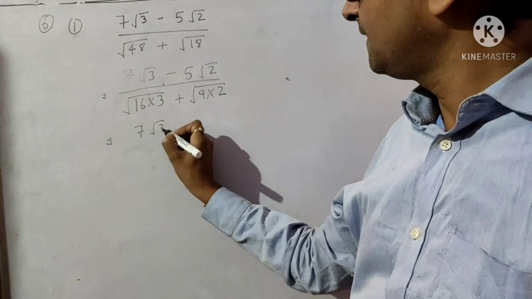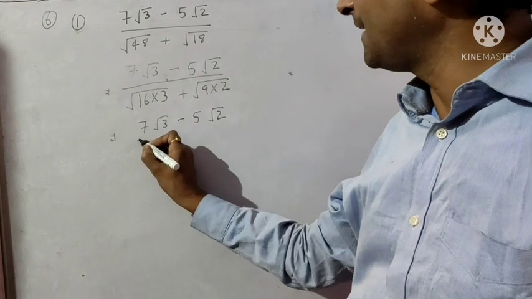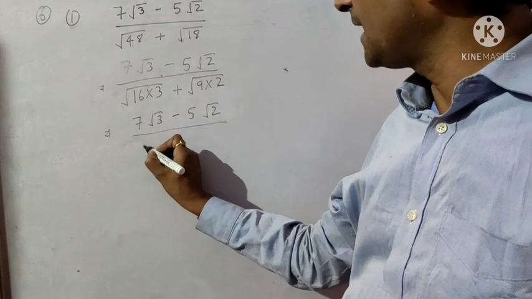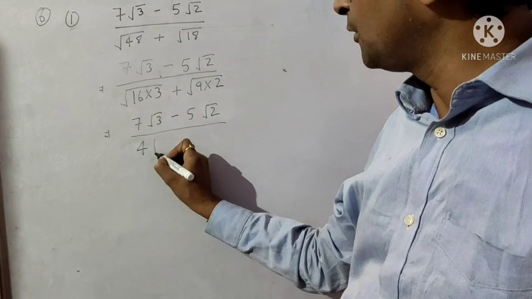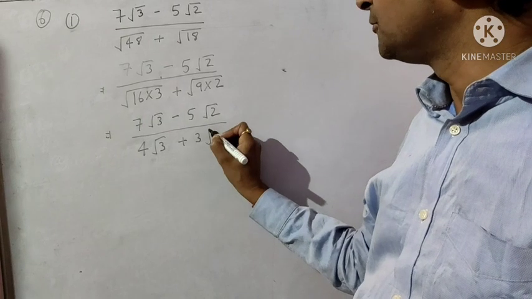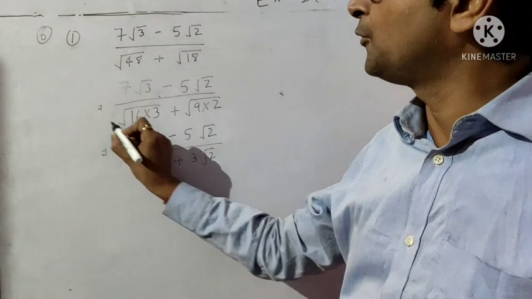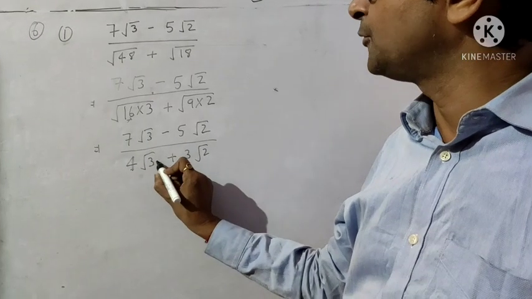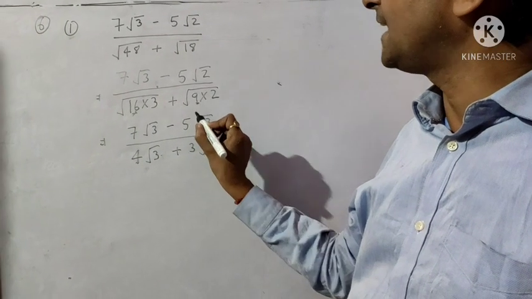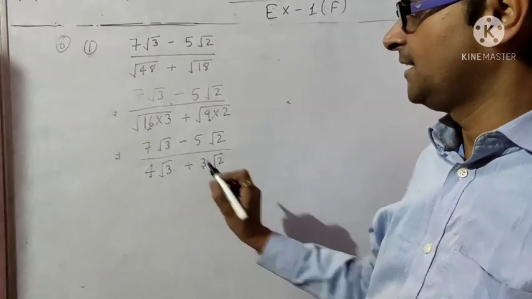So (7 root 3 minus 5 root 2) divided by this value, which can be written as 4 root 3 plus 3 root 2. Because 16 can be written as 4 into 4, so 4 will be outside, so we can write 4 root 3, and 9 can be written as 3 into 3, so one 3 is outside, so 3 root 2.